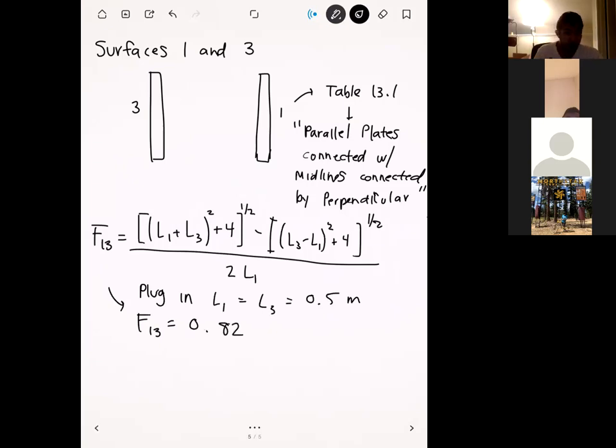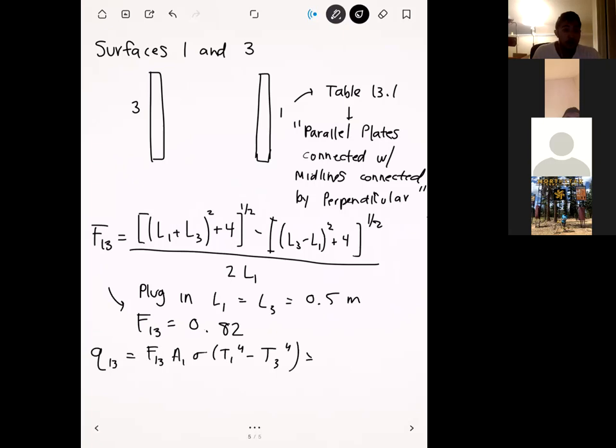Right. And now that we have F13, we can go ahead and compute the radiation heat exchange between 1 and 3 using the exact same formulas as before. Right? So we have Q13. This is equal to F13 A1 times sigma T1 to the 4th minus T3 to the 4th.